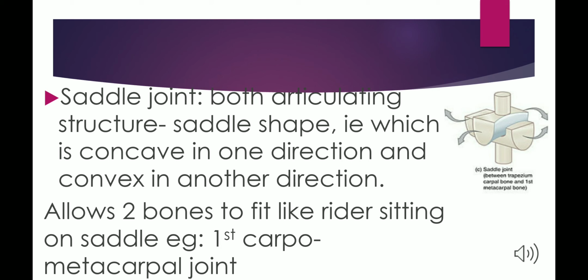An example is the first carpometacarpal joint, the joint between the trapezium and the first metacarpal bone at the base of the thumb, and it helps in opposition, which is a distinctive feature of human beings.